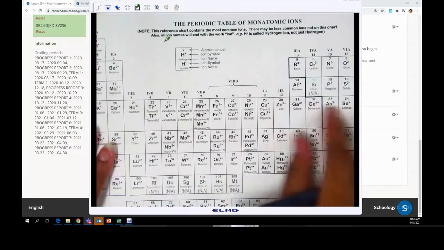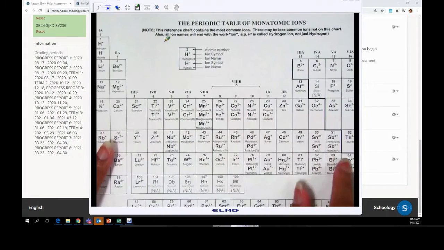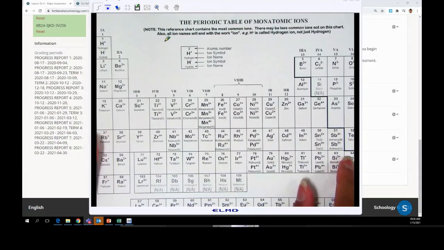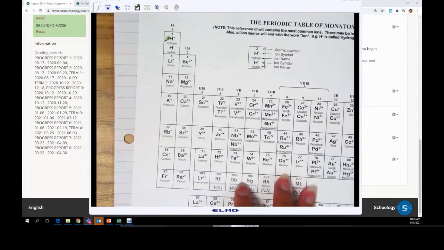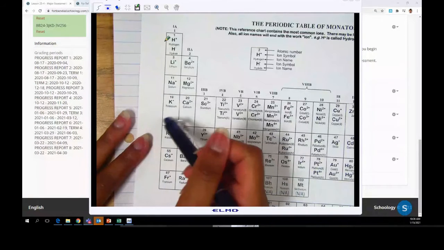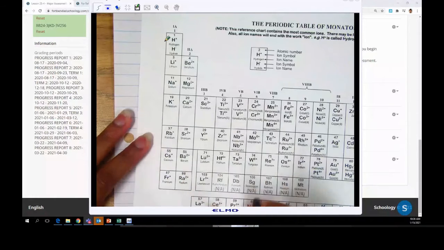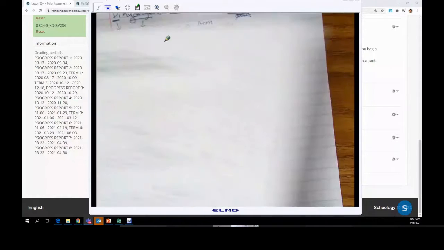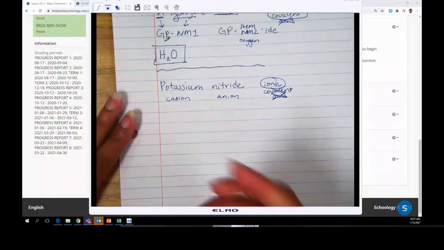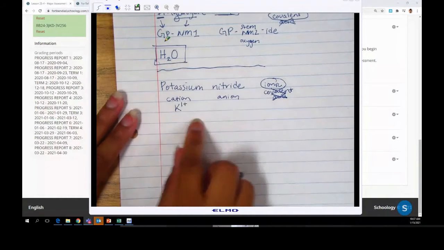I printed these out because I was tired of going back and forth in Schoology. And we can see that for potassium, we know already it is an element, and its ion's name is also potassium. So the ion for potassium is K plus or K 1 plus. Both of them are correct.